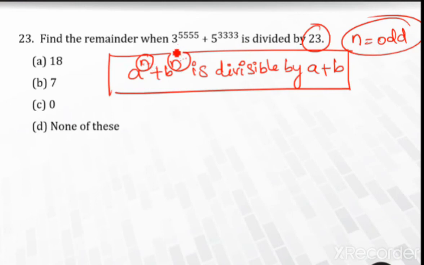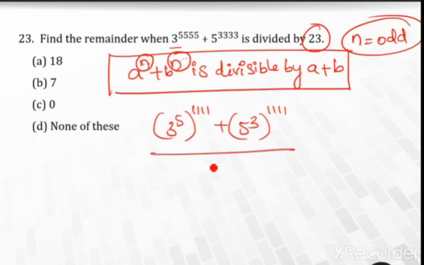How can I write 3 power 45 plus 5 power 43? We can do 3 power 5 whole power 1 plus 5 cube whole power 1. Excellent, yes, we are getting n the same.